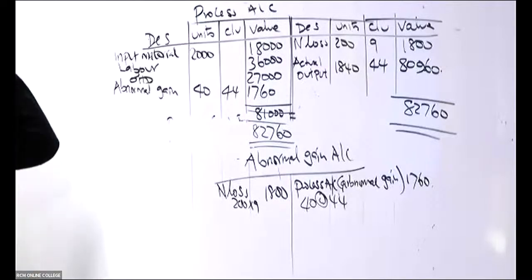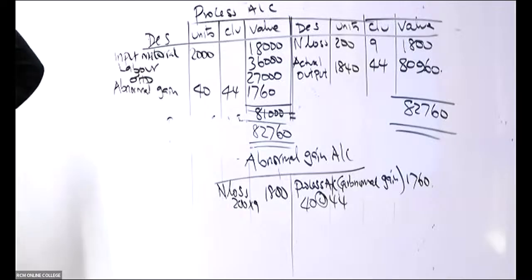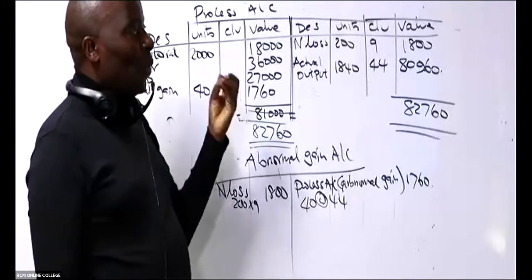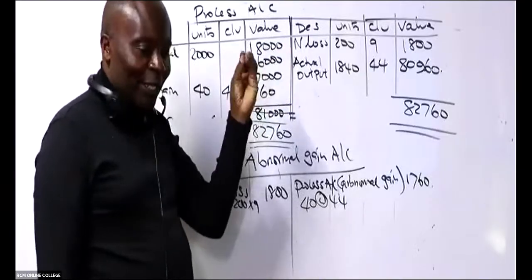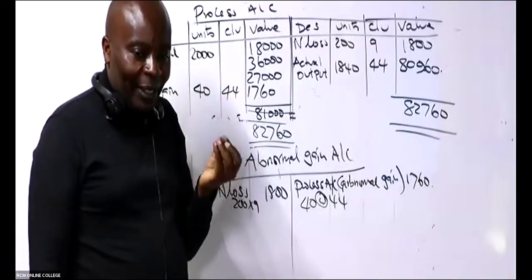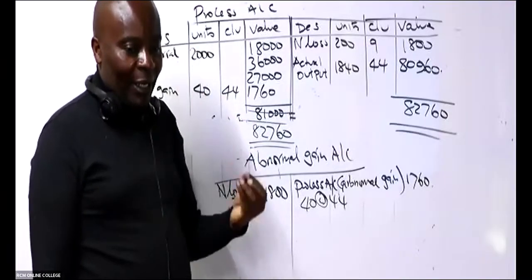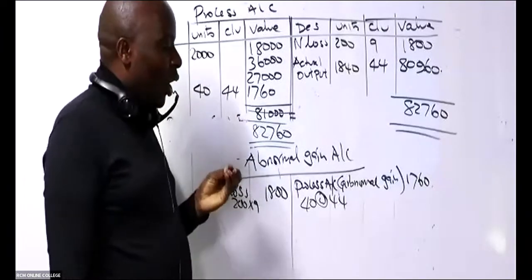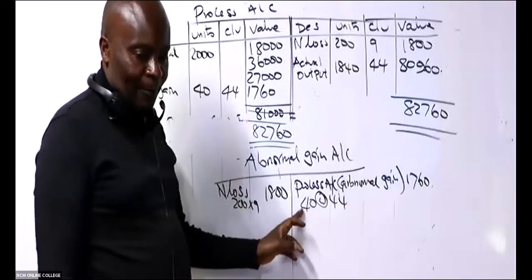Great. Now, ladies and gentlemen, you have to be a very, very bright student. You see, we expected to lose how many units? We expected to lose 200 units. But something miraculous has happened. We've been able to save through an abnormal gain. How many units here? 40.